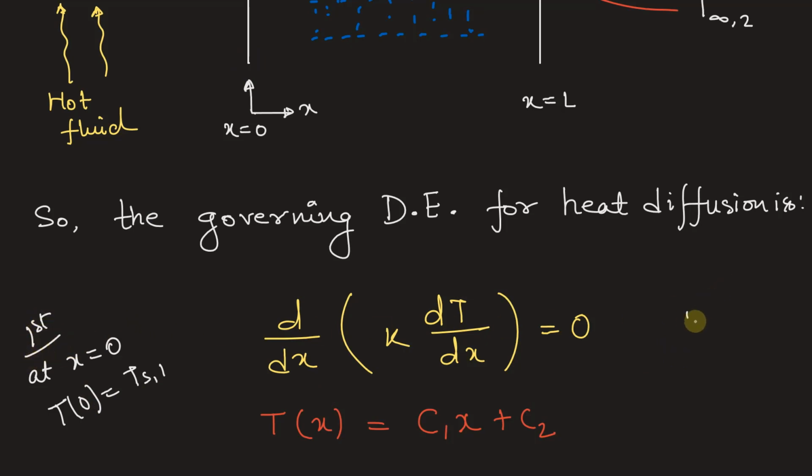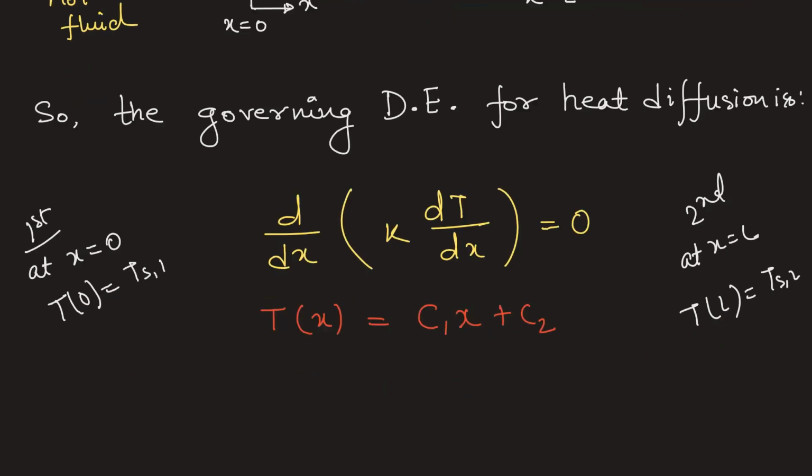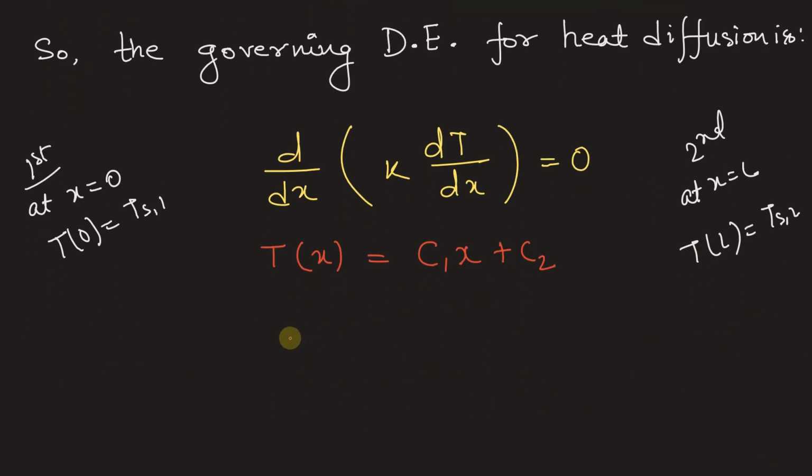The second condition is at x equal to L, T of L will be equal to Ts2, that is the surface temperature at x equal to L. If you substitute these two conditions and find the constants, we will get the temperature as a function of x equal to (Ts2 minus Ts1) into x by L plus Ts1. Okay, so this is the equation we will get.